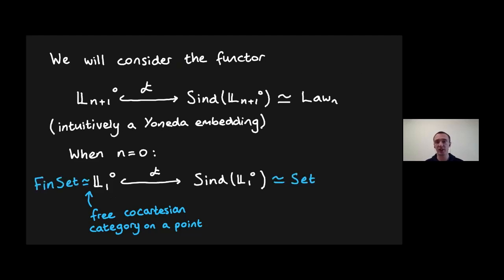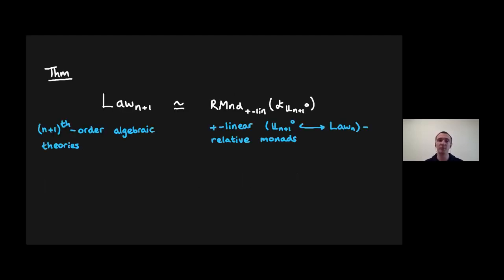And this is equivalent to the category of finite sets and all functions. And on the right, the sifted co-completion of the category of finite sets is the category of sets. So when we consider normal algebraic theories, the functor J we're considering is exactly the inclusion of finite sets into sets. So it's very familiar.